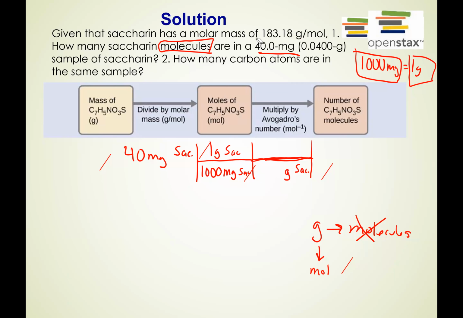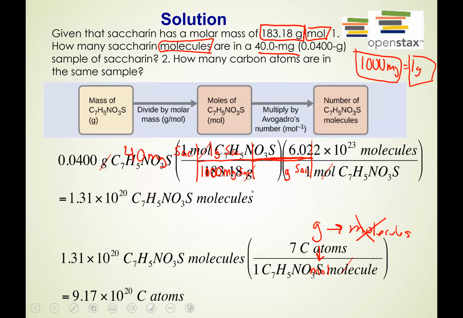So on here, grams is either the top or the bottom, and mole is either the top or the bottom. Which one are we going to put on the bottom? The one with the grams on the bottom or the one with the mole on the bottom? Grams on the bottom. And I did not leave a lot of room here. I'll be very careful.